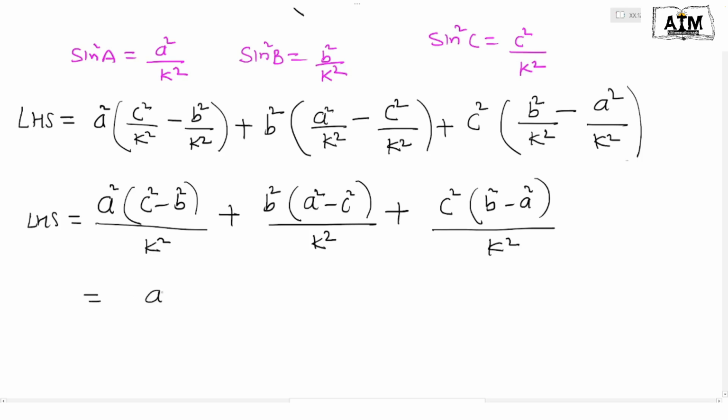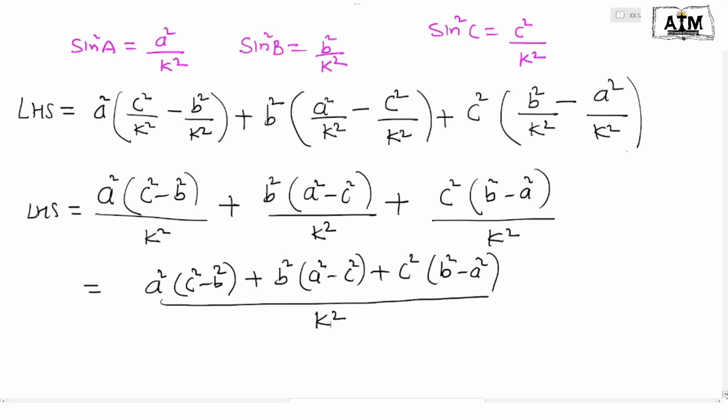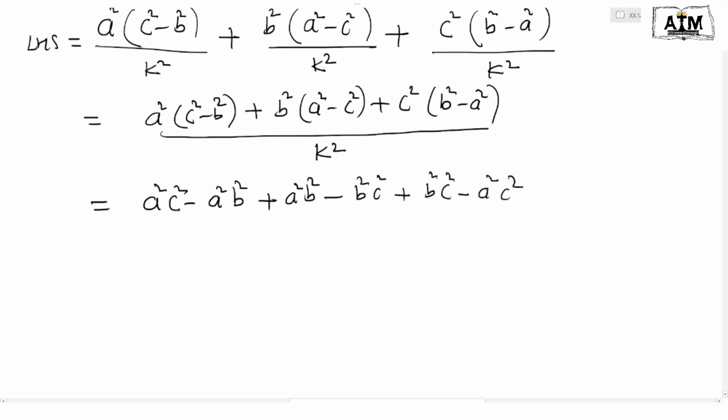This equals a square times c square minus b square, plus b square times a square minus c square, plus c square times b square minus a square, whole divided by k square. Now opening all the brackets, this equals a square c square minus a square b square plus a square b square minus b square c square plus b square c square minus a square c square.